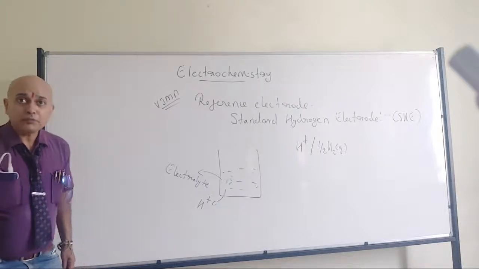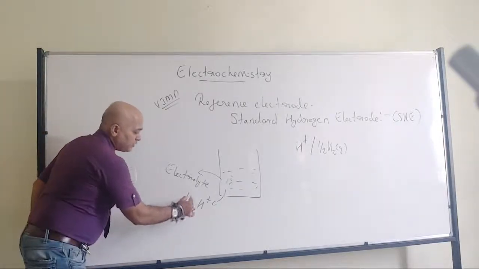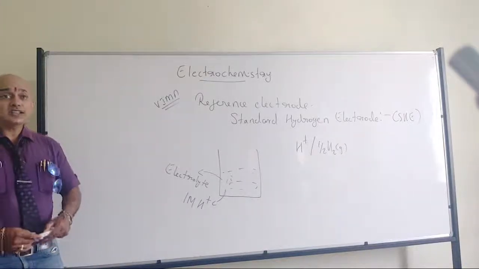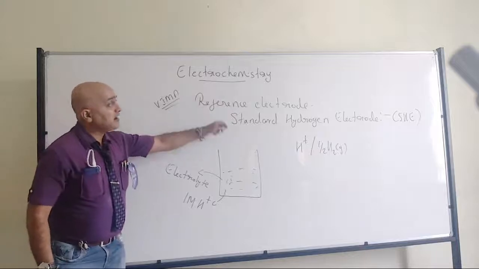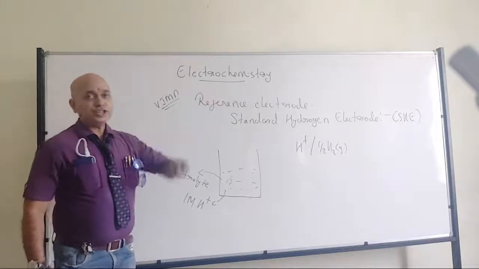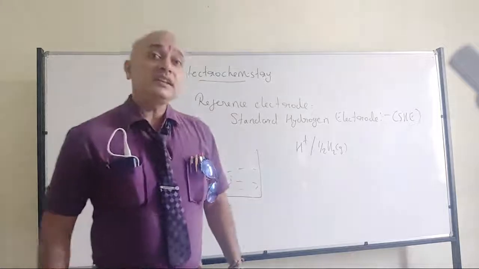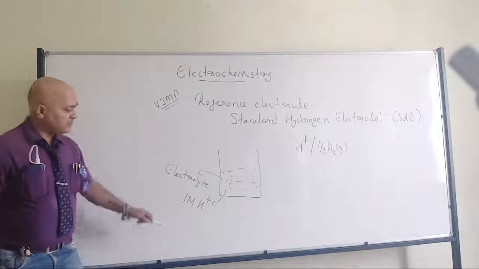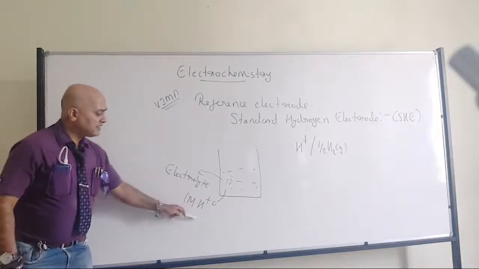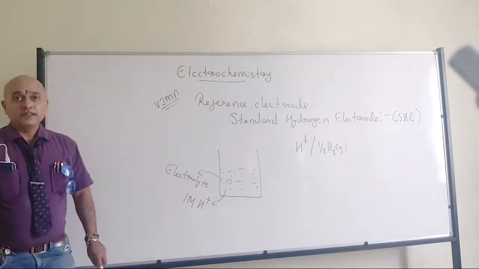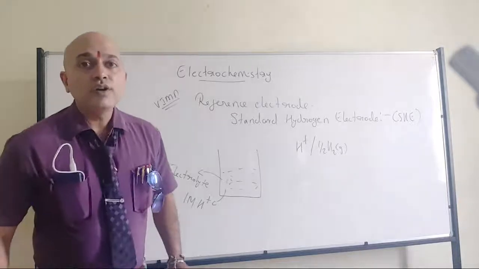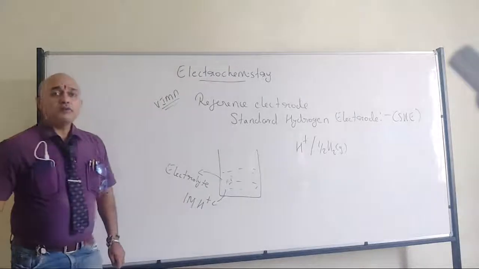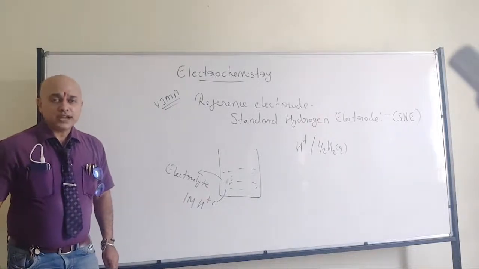But the very important point is that it will be of 1 molar concentration, because we are talking about the standard hydrogen electrode, just like standard electrode potential. So we have to maintain a concentration of 1 molar. That's where we have 1 molar H plus in the electrolyte.